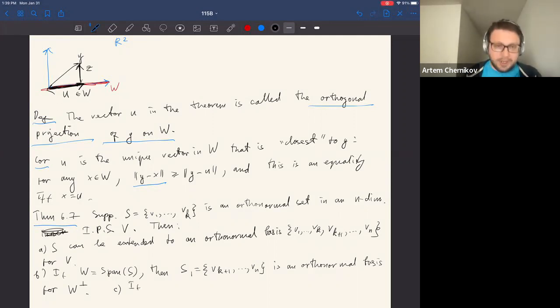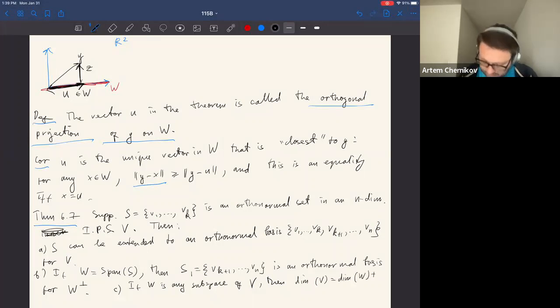So we can deduce from A and B that if W is any subspace of V, then first of all, the dimension of V is equal to the dimension of W plus the dimension of W perp, right? This just follows because this is a basis for the orthogonal complement, and S is given by this.